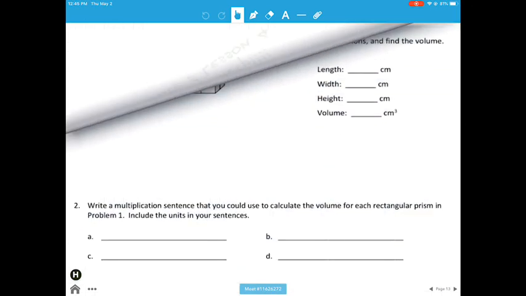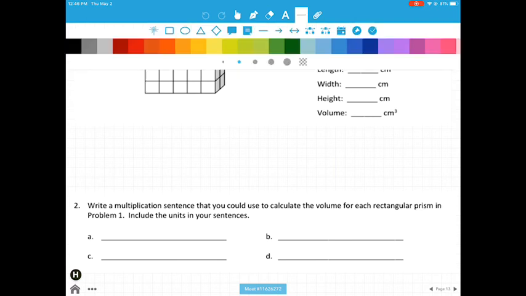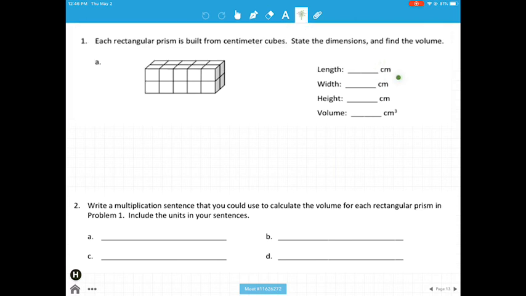Here's the homework. Here are some problems we didn't do in class. Each rectangular prism is built from centimeter cubes. Our unit is centimeters, and right here, of course, is centimeter cubed.